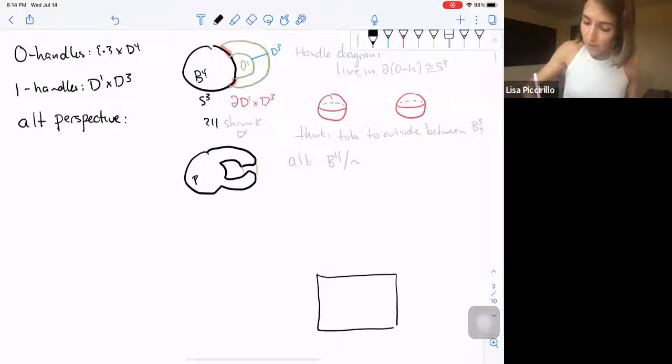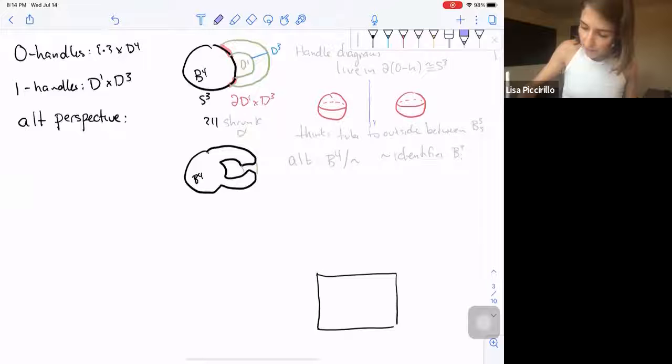This was our B4 here. And we're quotienting out by some map which identifies the two B3s. And in fact, we have a favorite one that we use all the time. We're often using a quotient map that reflects across this axis. So if you were going for a walk in your 4 manifold and it ran into that ball there, it would pop out over here and keep going.